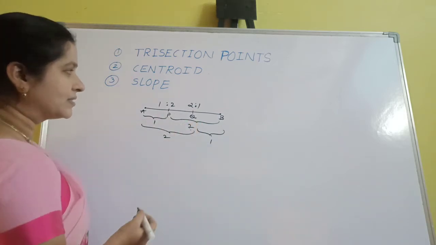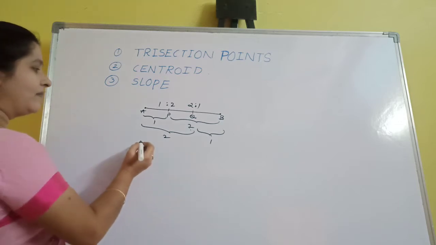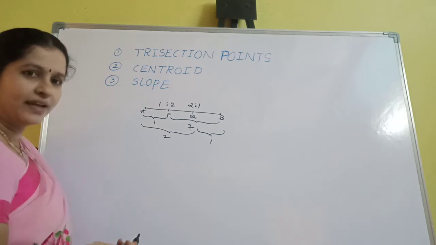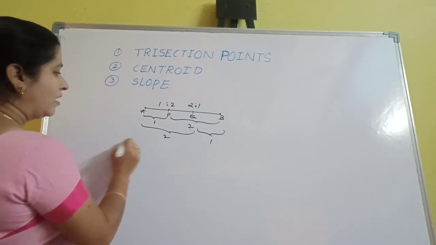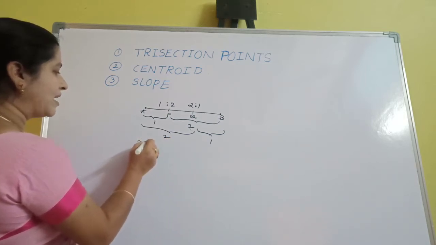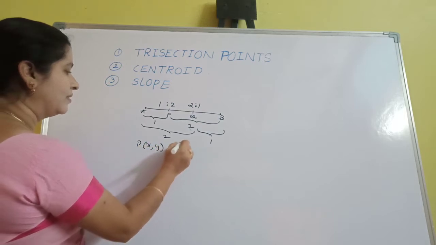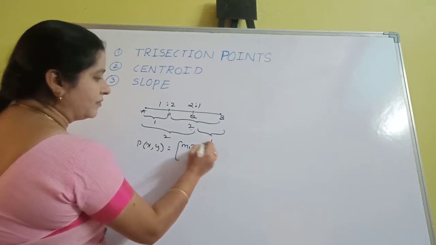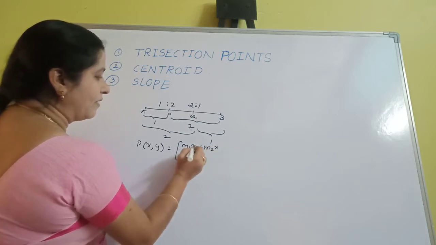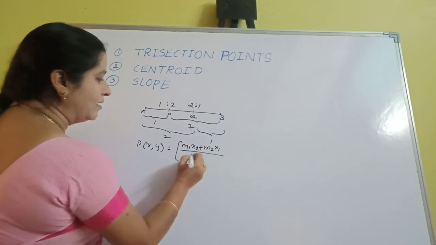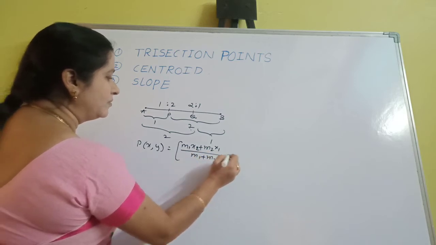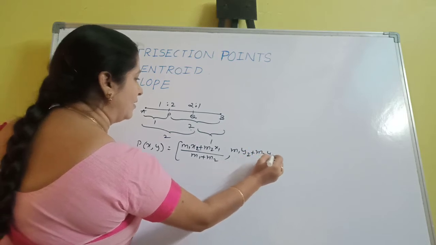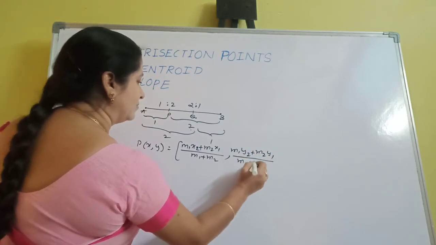Okay, we already discussed the section formula. What is the section formula? If a point divides the line in any ratio, how can you find this point? P(x, y) equal to (m1x2 plus m2x1) by (m1 plus m2), (m1y2 plus m2y1) by (m1 plus m2).